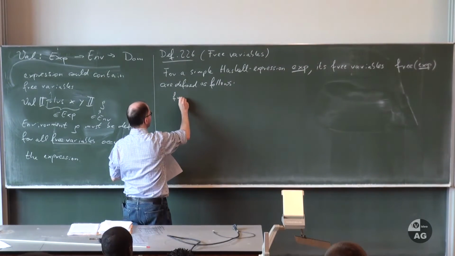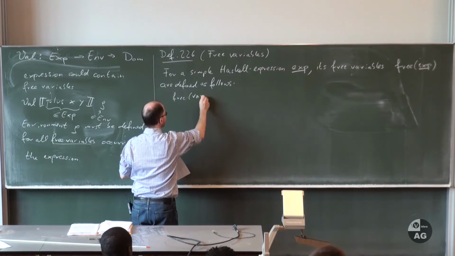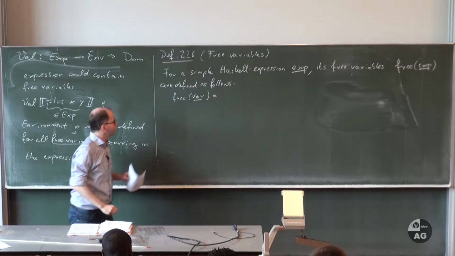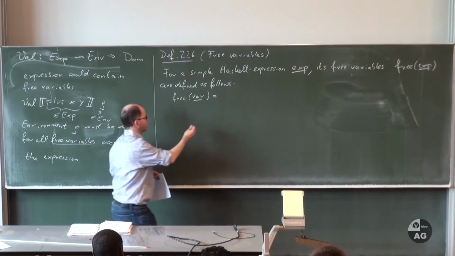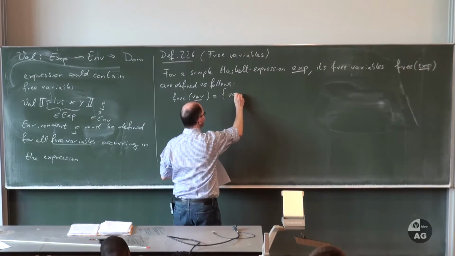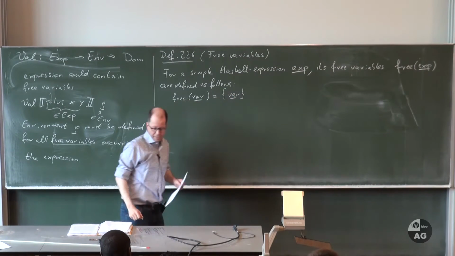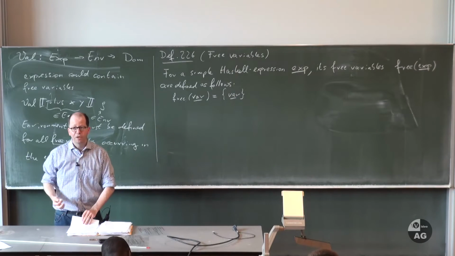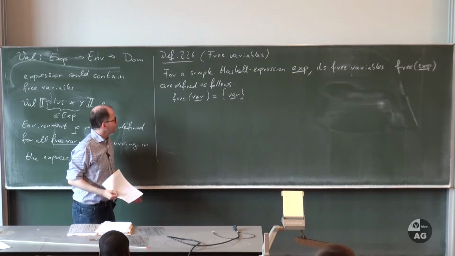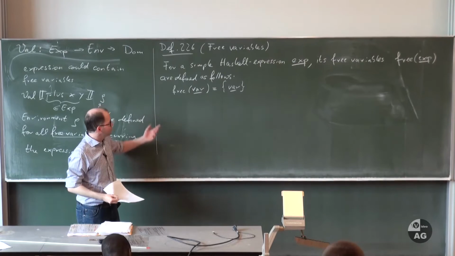So if we have a variable, what is the set of free variables in there? Well, it's just this variable. So this is the only variable occurring in this expression, and it is free. I mean, there's no lambda there, no let there, which could bind this variable, so it is free.